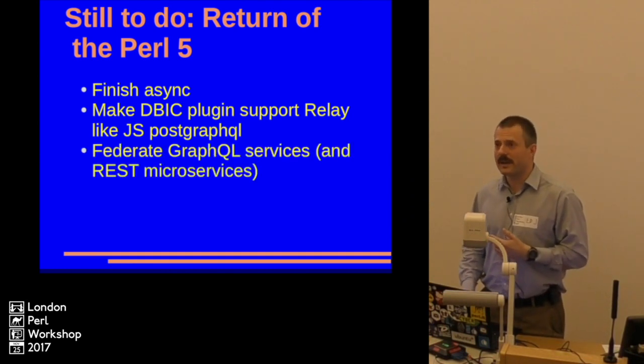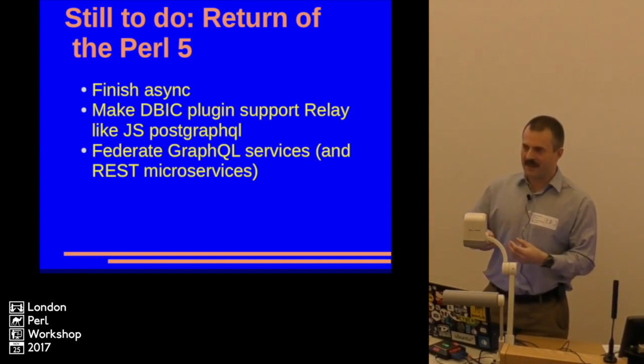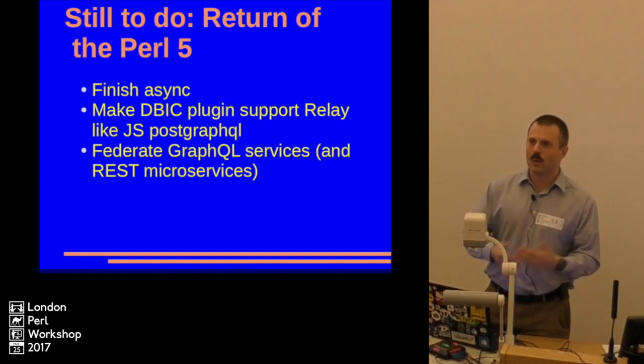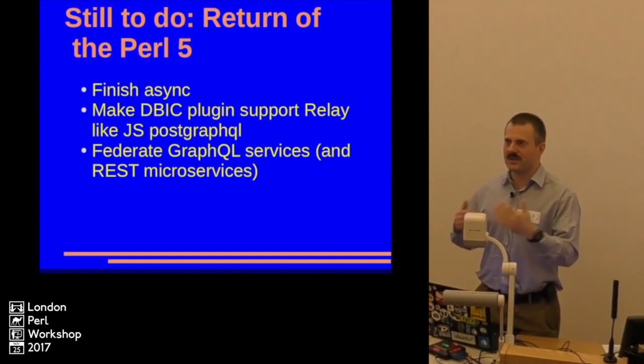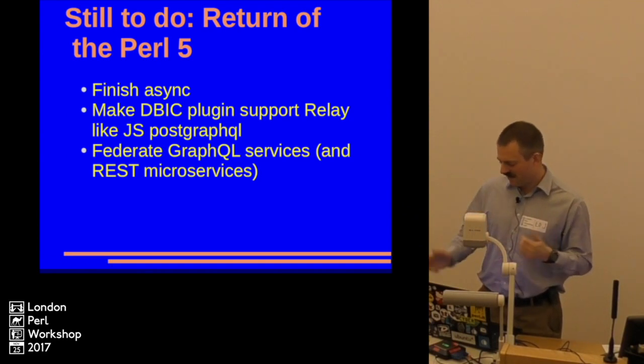Another thing there is to make a little tool that will just take other schemas, introspect those, and then just sellotape them all together, and make all the types that are available, all the queries get melded together, all the mutations all get melded together. Again, that's going to be pretty easy.